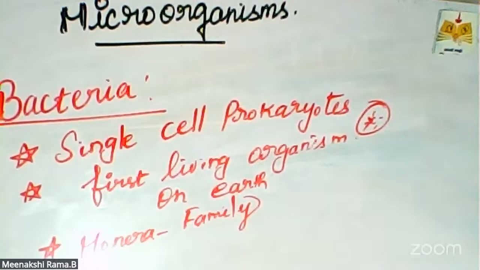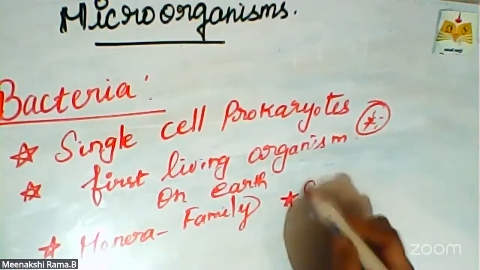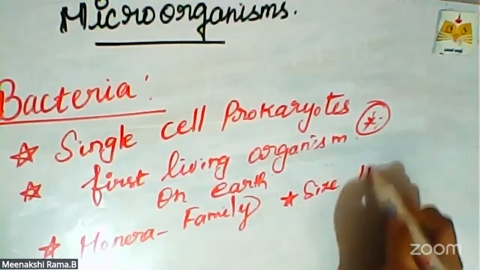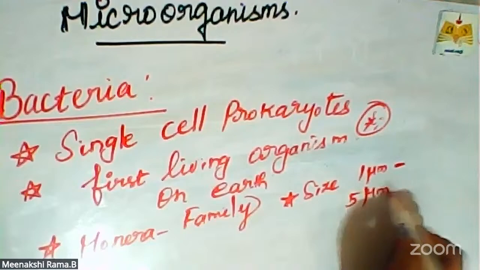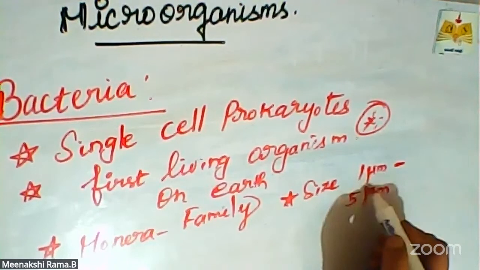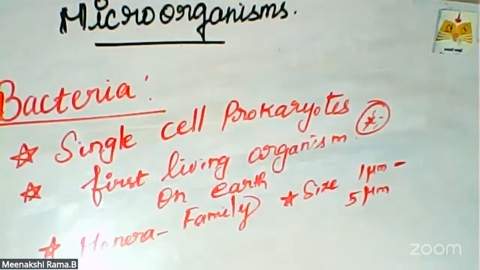The size of the bacteria ranges from 1 micrometer to 5 micrometer. This symbol is known as micrometer.